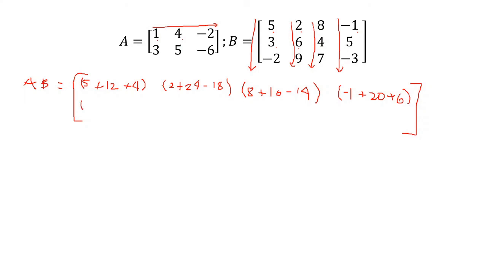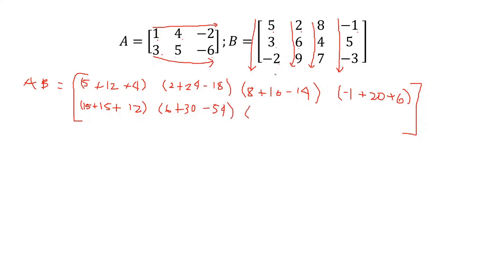So, next na po na row. So, 3 times 5 is 15, plus 5 times 3 is 15, plus negative 6 times negative 2 is 12. Sunod, 3 times 2 is 6, 5 times 6 is 30, negative 6 times 9 is negative 54.